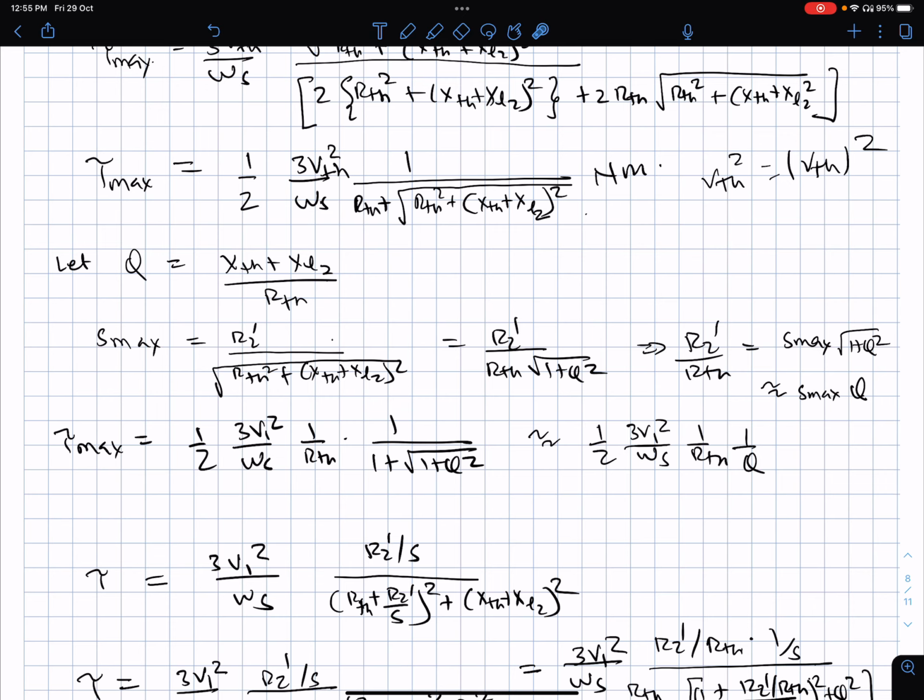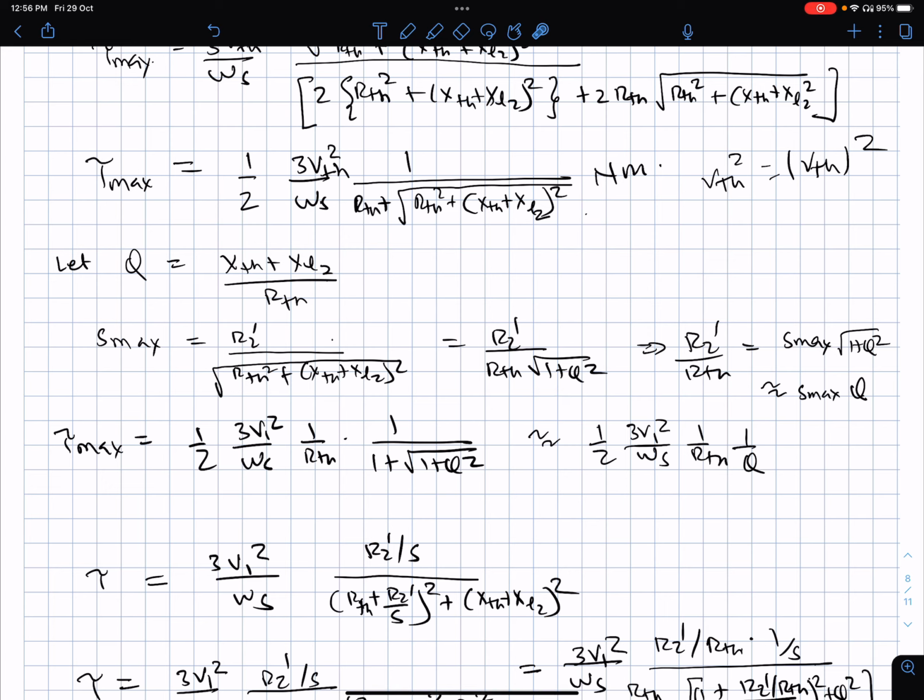Now what you can say, suppose this Q, see, usually the resistances are small and inductances are large. So at fundamental frequency, reactances are large. So assume for the time being that this Q is very large, not infinity, but tending towards infinity, much larger than 1. Then I can forget this 1 here.